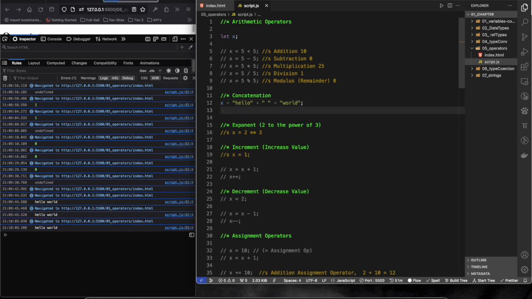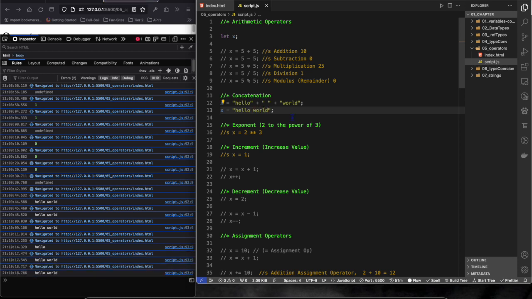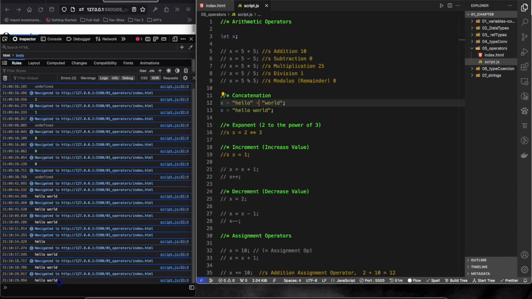Now if we were to just put it as hello world, we can do it that way, but it's not a concatenation. And also if we took out the space, that's concatenation too.